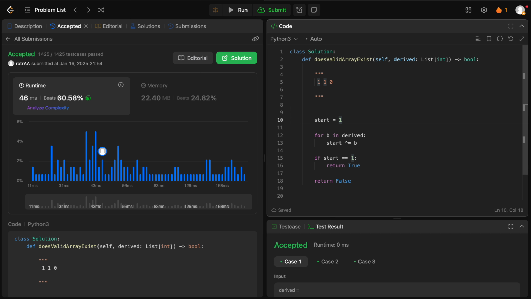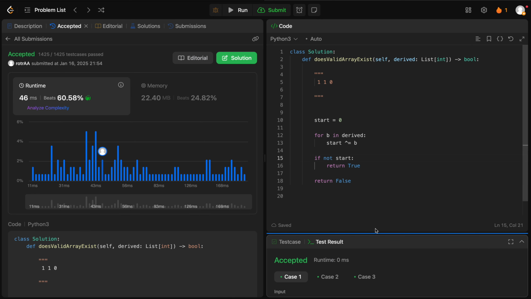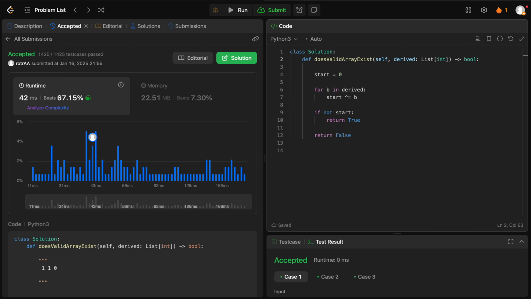If I try doing it with 0, this also works. Okay, great.